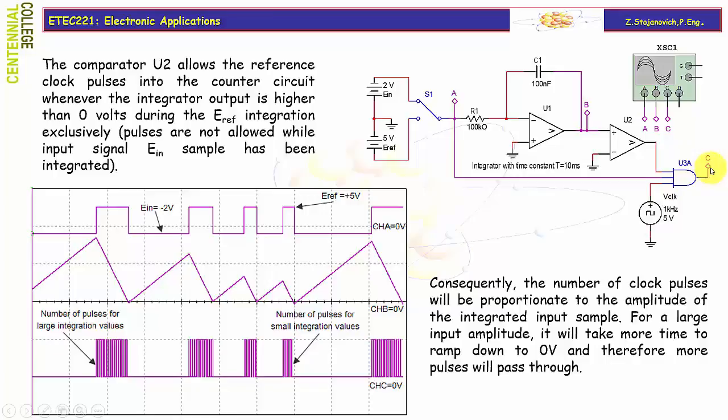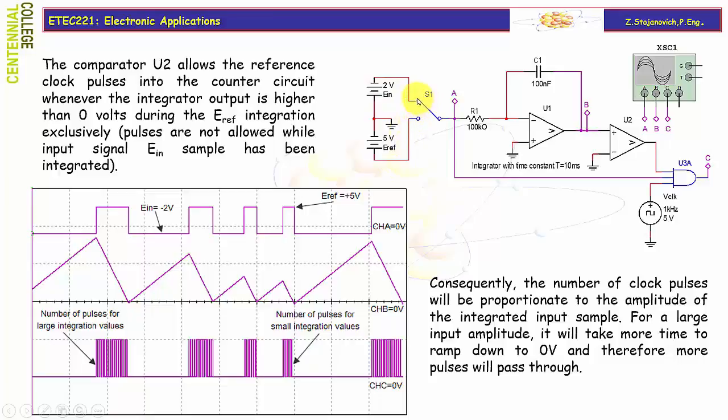Here is one additional requirement, and that is that the pulses are counted only when we are integrating EREF, the reference voltage. Here is a simple solution to provide that, although it's not a real one. In real life, it requires a different solution. But here it is very convenient because our input signal is assumed to be lower than the reference voltage.